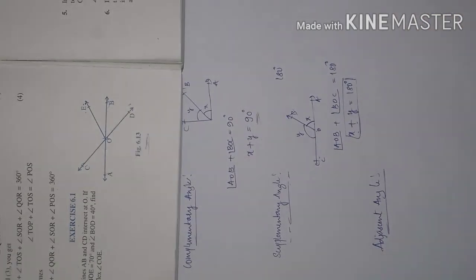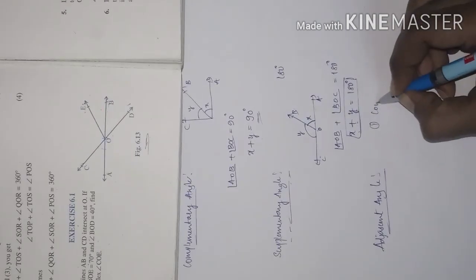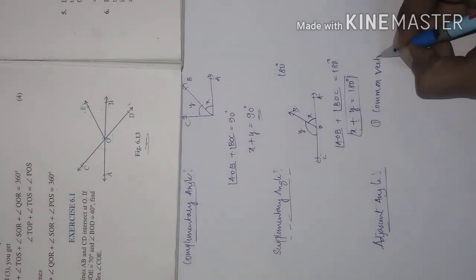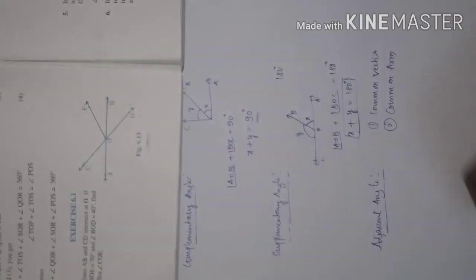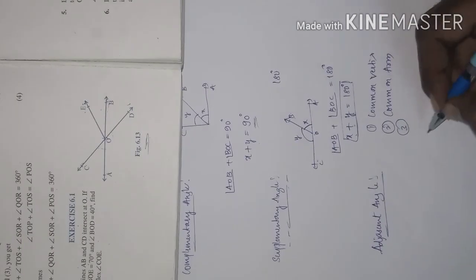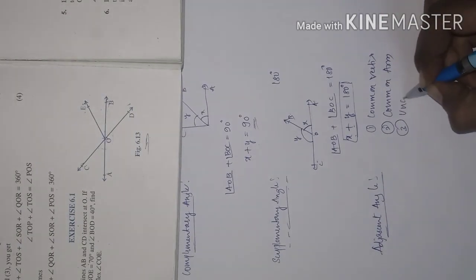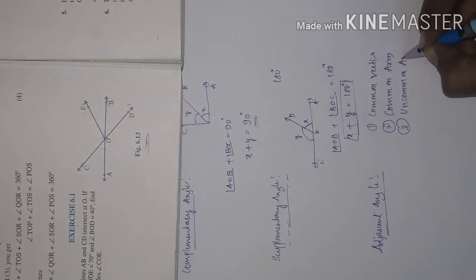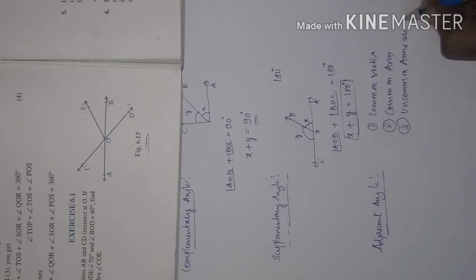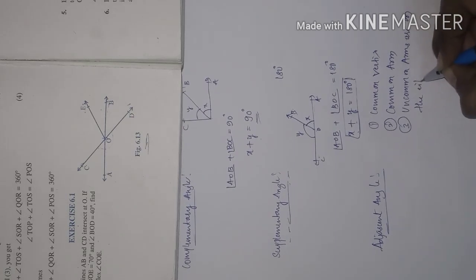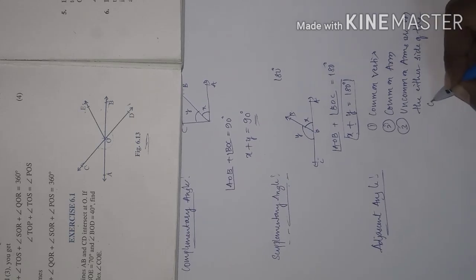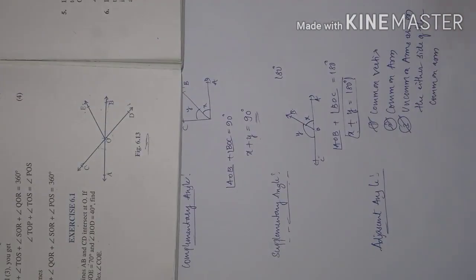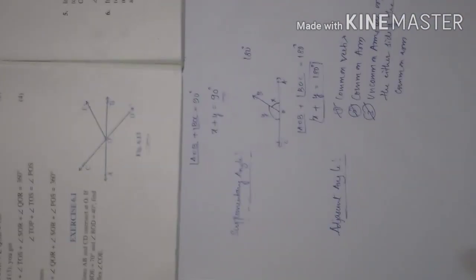Adjacent angles are the angles which have a common vertex and a common arm, and also the uncommon arms are on either side of the common arm. If these three points are satisfied, they are said to be adjacent angles. I'll show you the diagram.